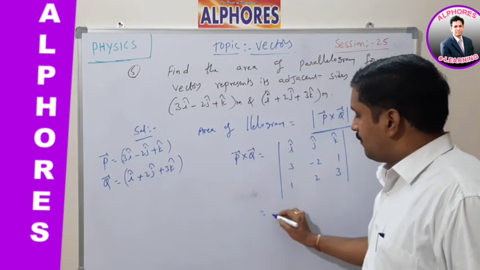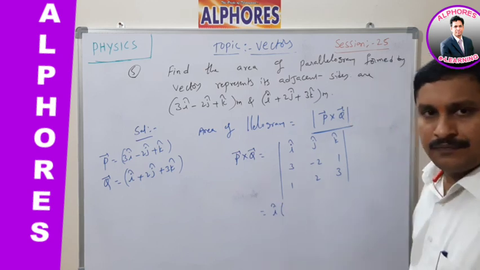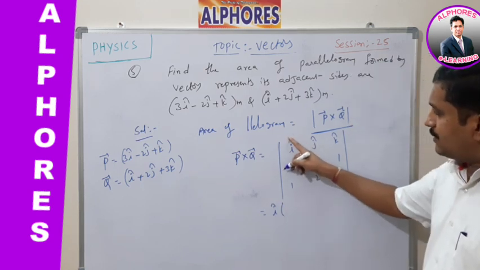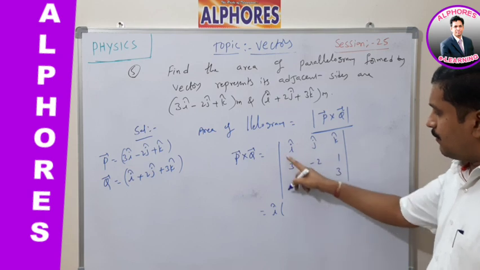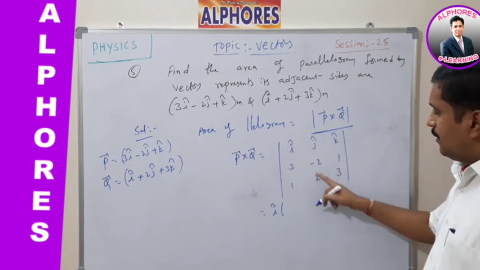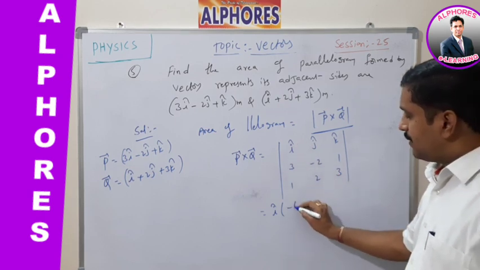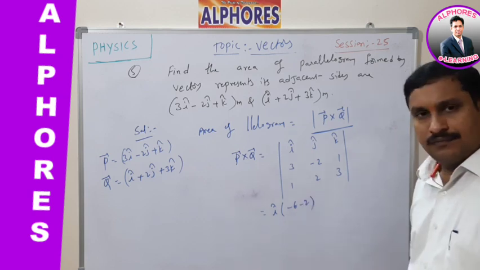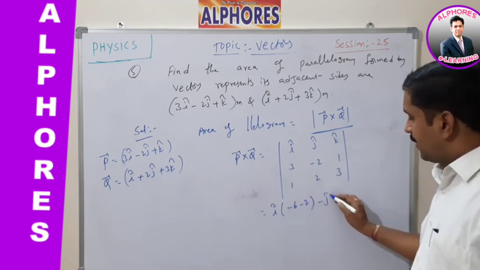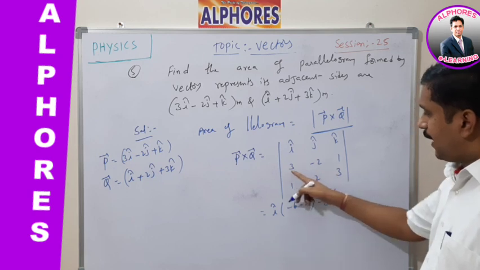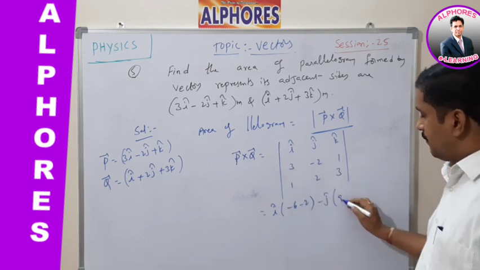Now what is the value here? For i cap, we neglect the first row and first column, and take the determinant, AD minus BC: minus 6 minus 2. Next, minus j cap into 9 minus 1.